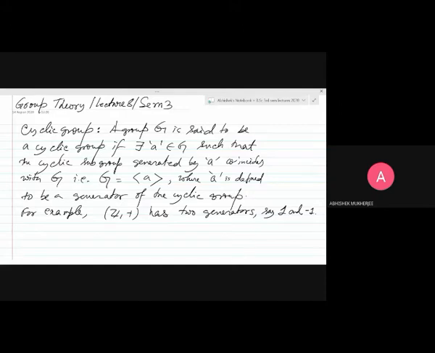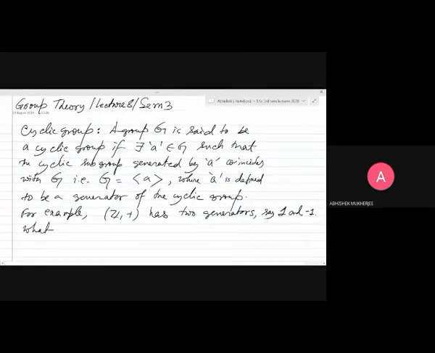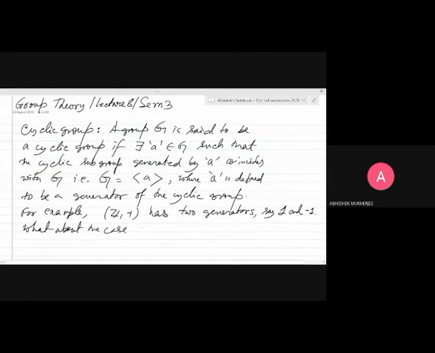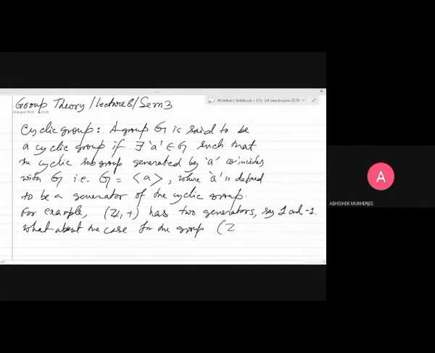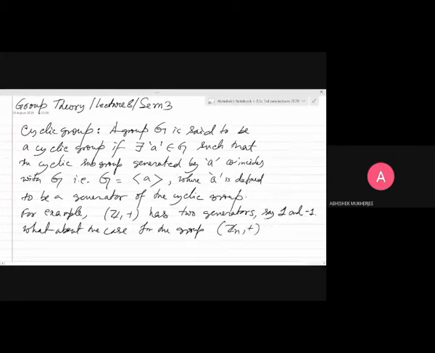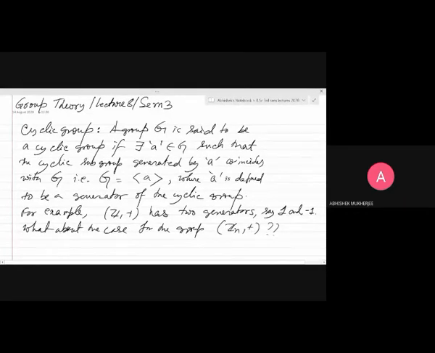Okay. So what about the case for the group Zn plus? Can you search out one generator for this group? Just do it now.